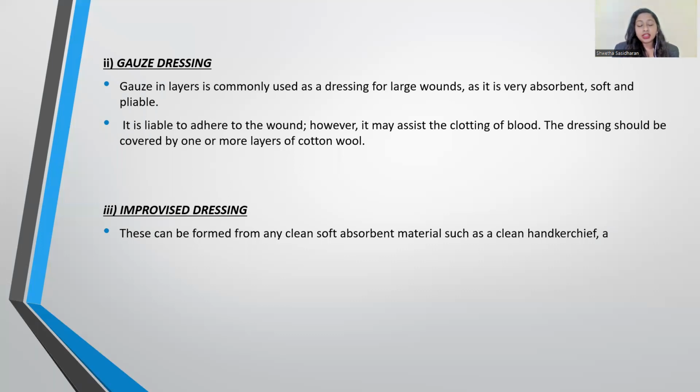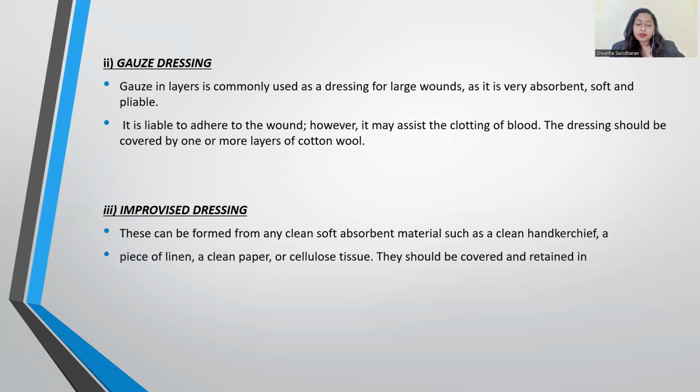Improvised dressings are things like a handkerchief or a towel or a piece of linen or a cloth which we can use so that the bleeding is stopped. So that's why we call it an improvised dressing, used in that particular situation.